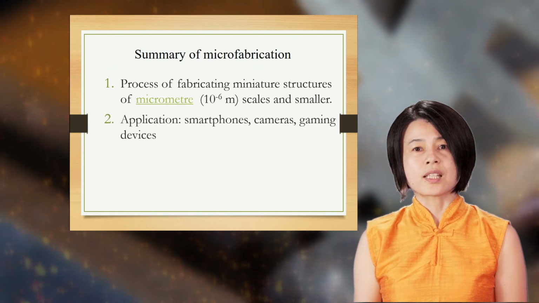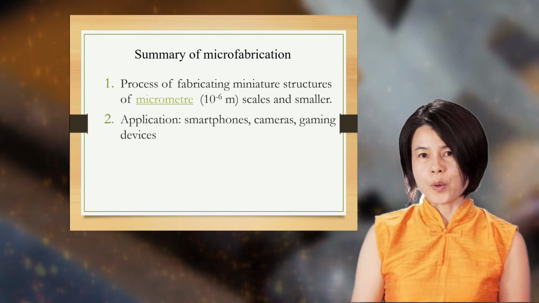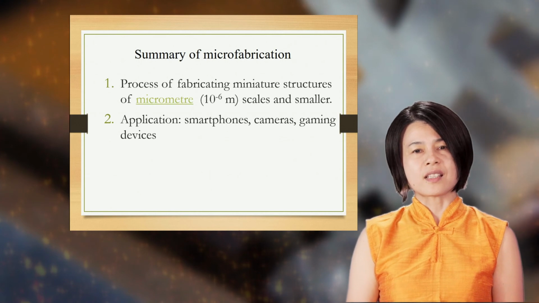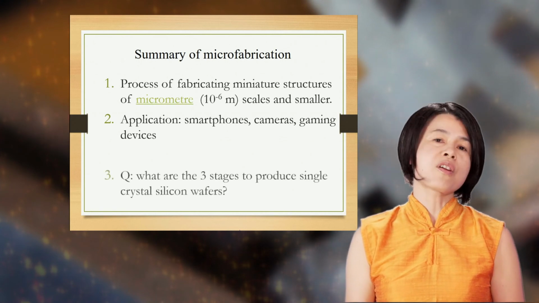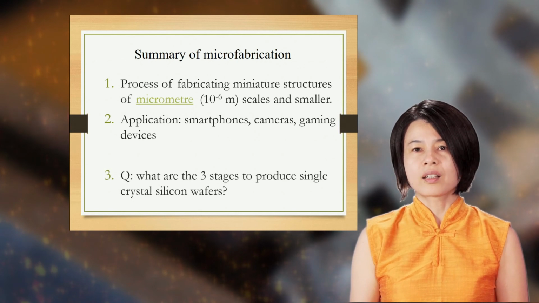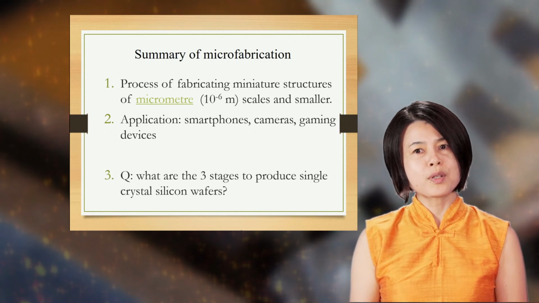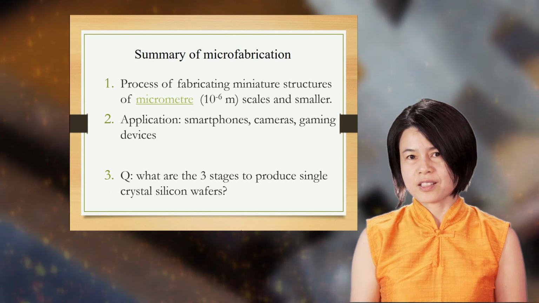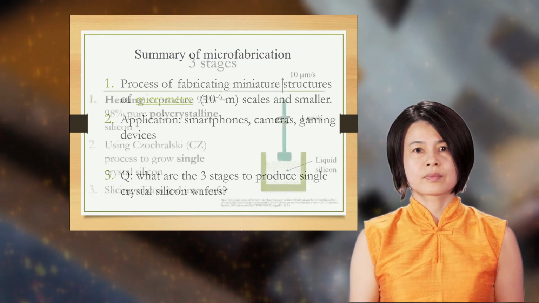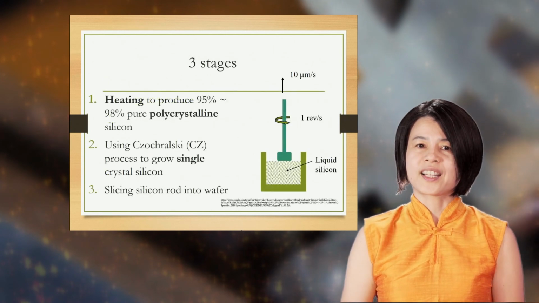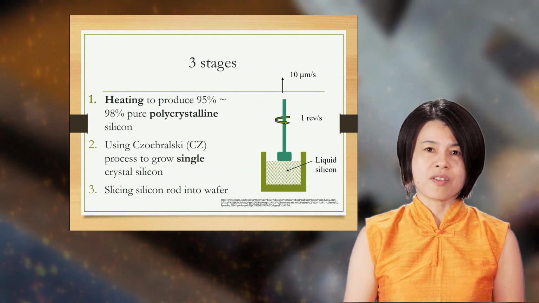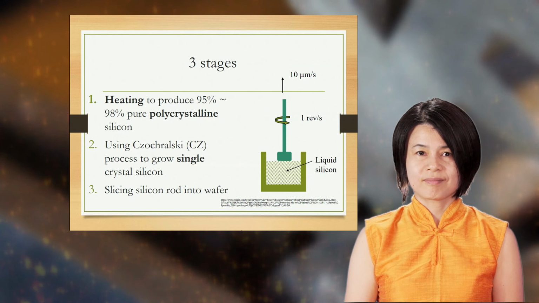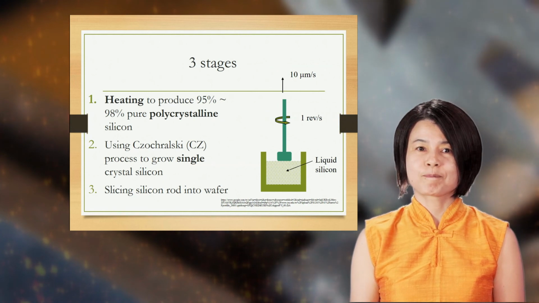This technology is applied to make smartphones, cameras, gaming devices, and so on. Okay, the third one is a question. What are the 3 stages to produce pure silicon crystal single wafers? Right, the 3 stages are heating, CZ method, and slicing. Have you got them correctly?